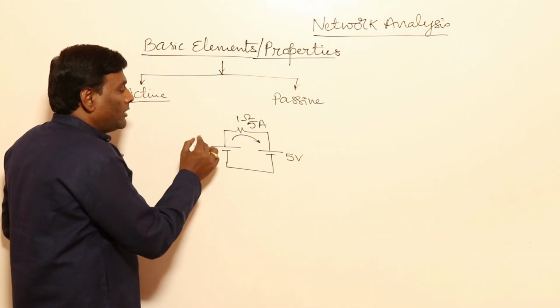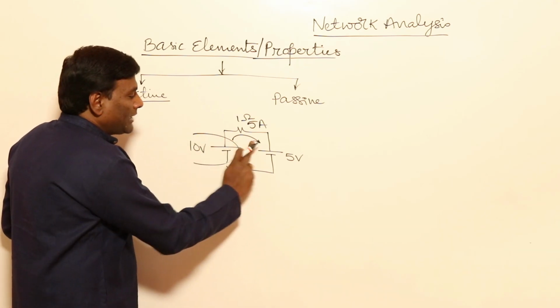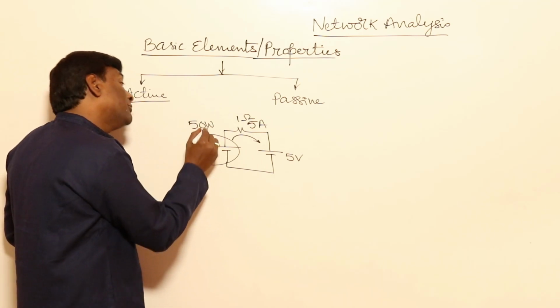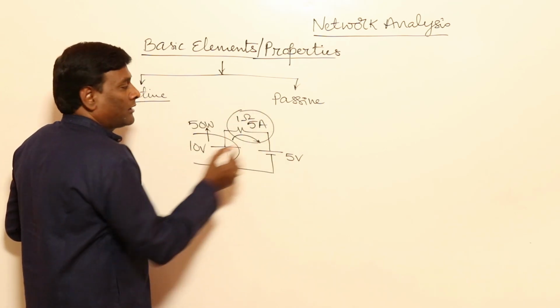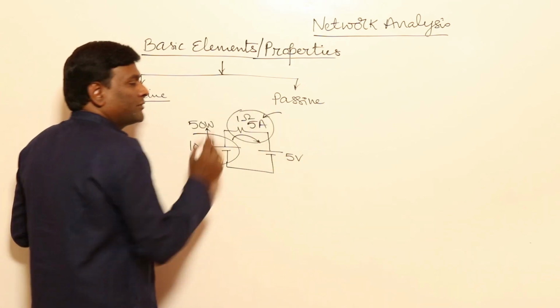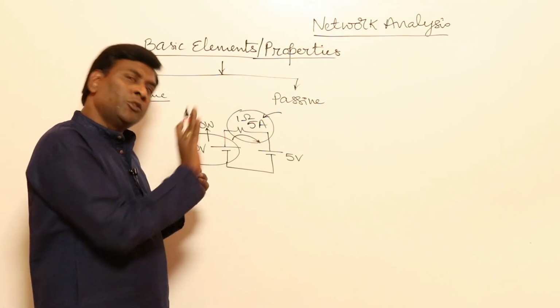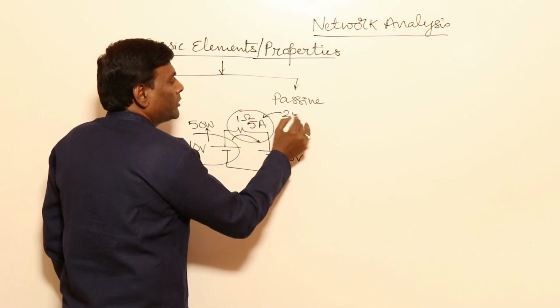Here the current is 5 amperes, so voltage multiplied by current, 10 into 5, is 50 watts delivered. And what is the power absorbed by the resistance? I squared R, so 5 squared into 1 is 25 watts. In future you will come to know everything.